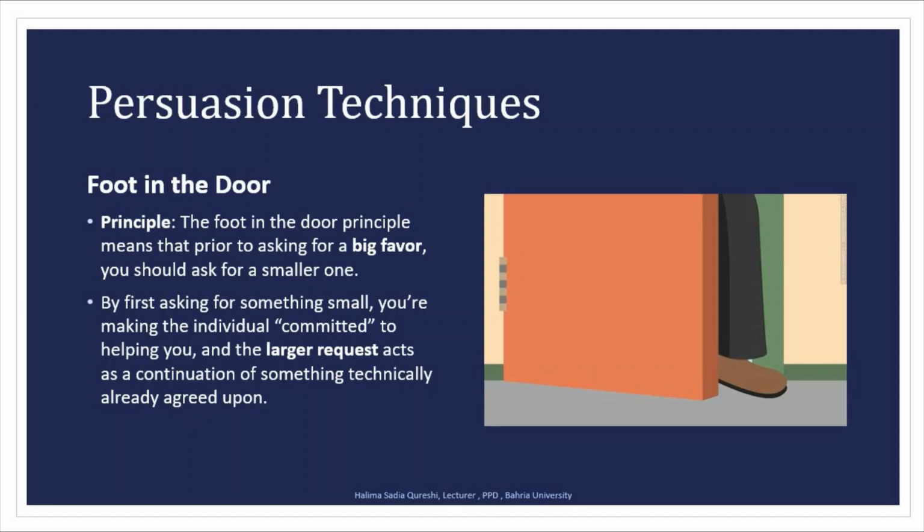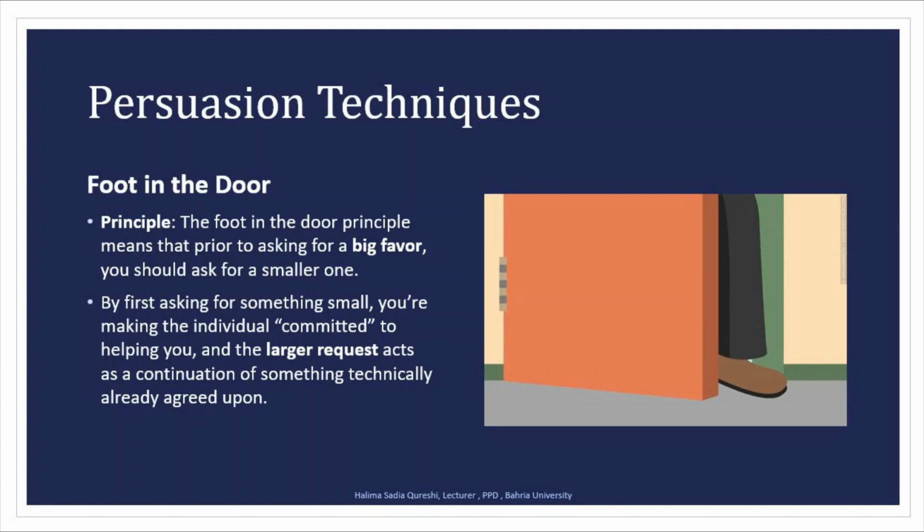That could be, for example, if you want to ask your friend to help you in some assignment or any sort of favor. If you want your friend to help you in a major project, you can start with small favors by first putting the foot in the door. You can ask that friend, do you know the deadline of that project?